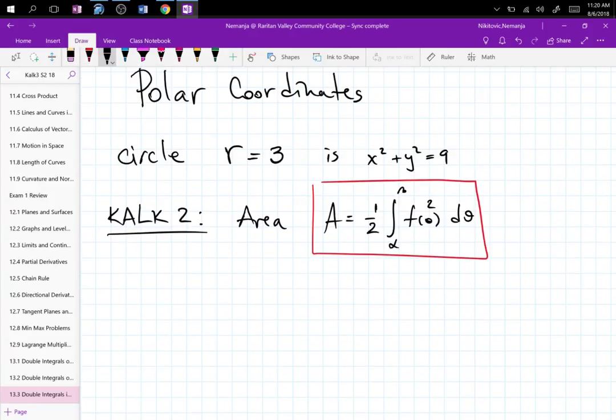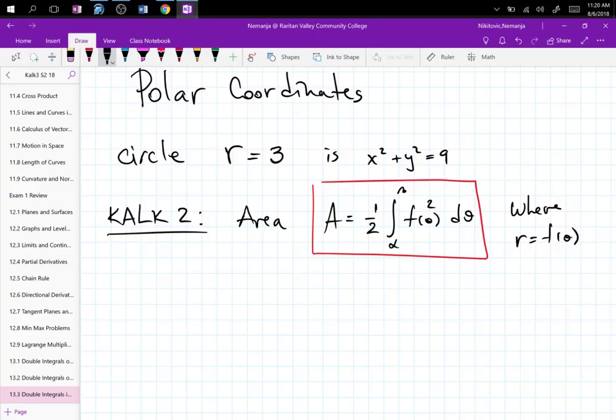And if you have, where, let me just put this, where r equals f of theta. So the functions in polar coordinates are given as r equals f of theta, just like you have y equals f of x, right? So that was that.